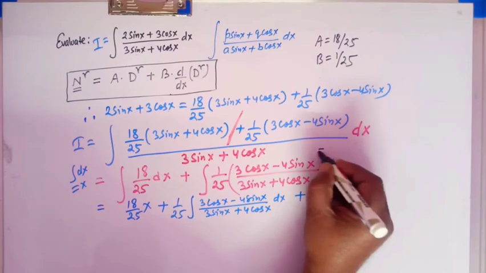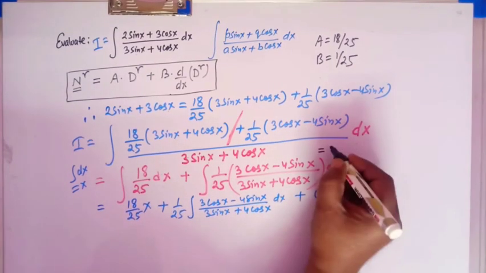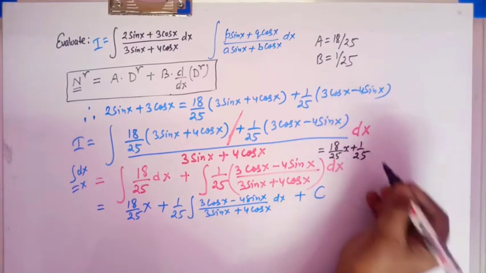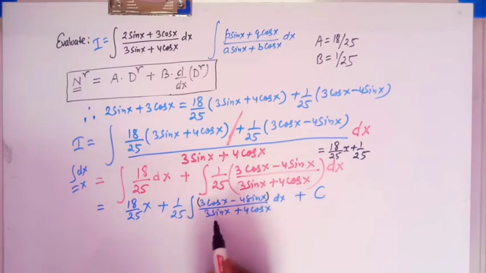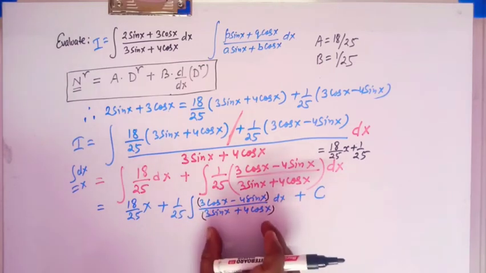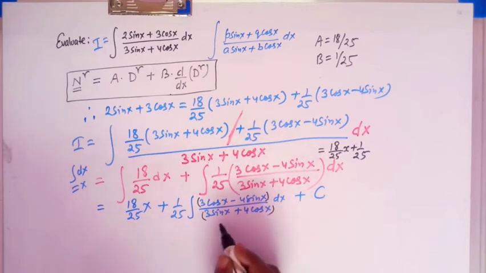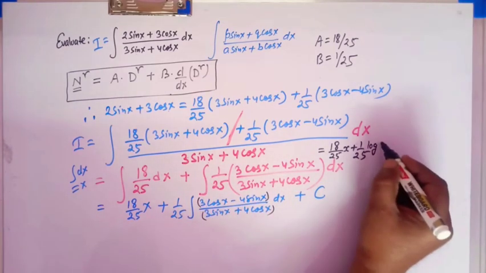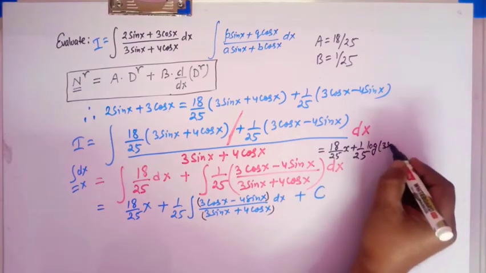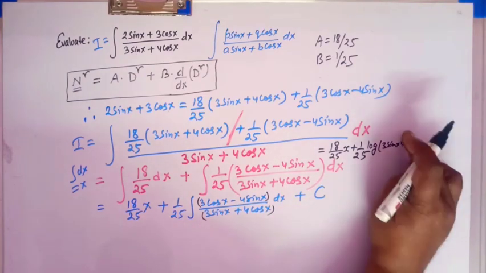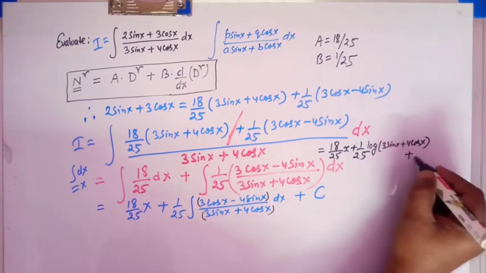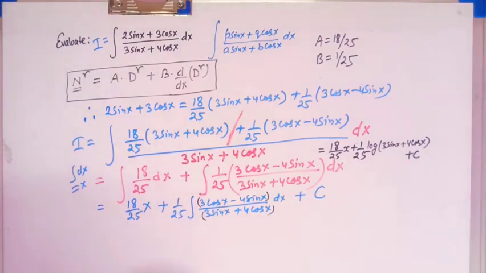Now we simplify this expression as 18 over 25 x plus 1 over 25, and here we see that the derivative of the denominator exists in the numerator. So the integral of this function is log of 3 sin x plus 4 cos x plus c, where c is the constant of integration.